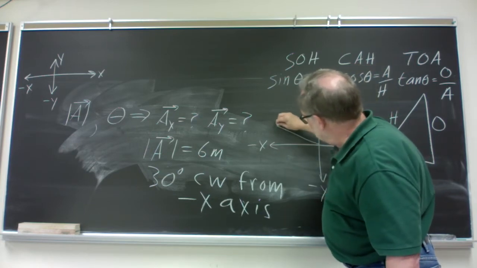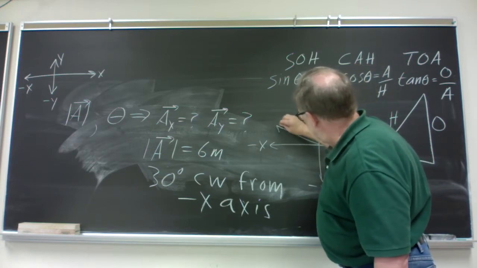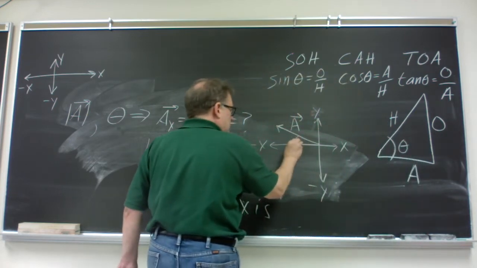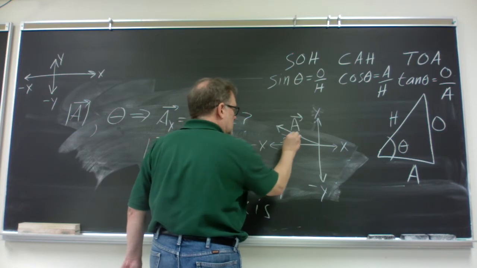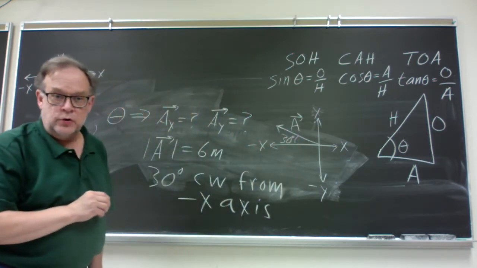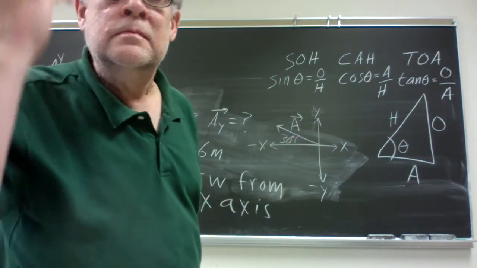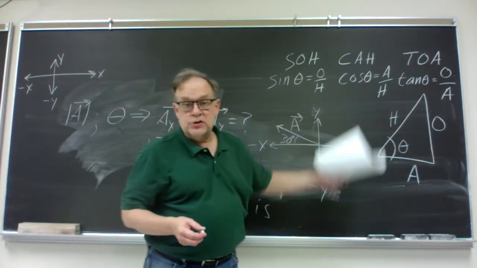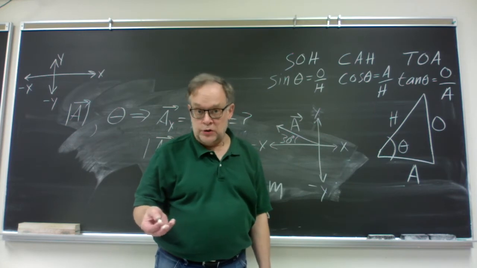So something like that. And that angle there is 30 degrees. Okay, now we can use these definitions of sine and cosine to figure out what the components are.